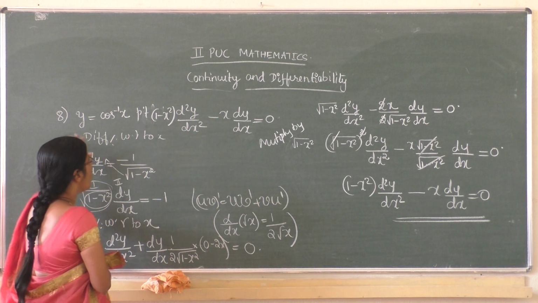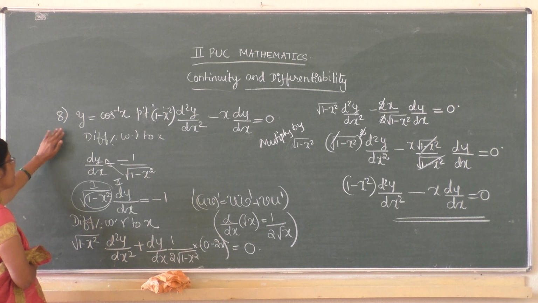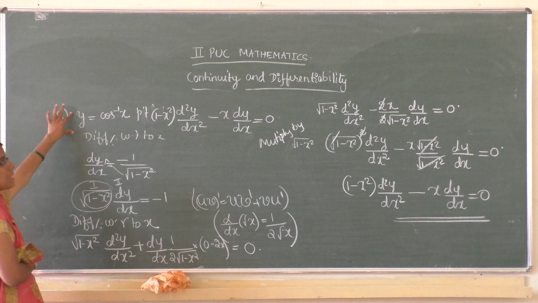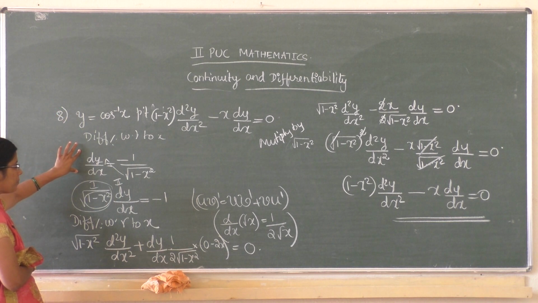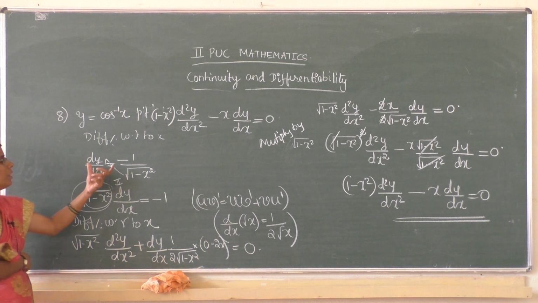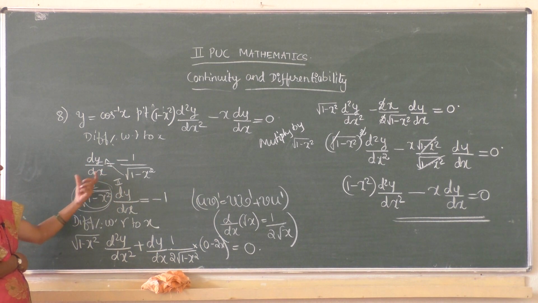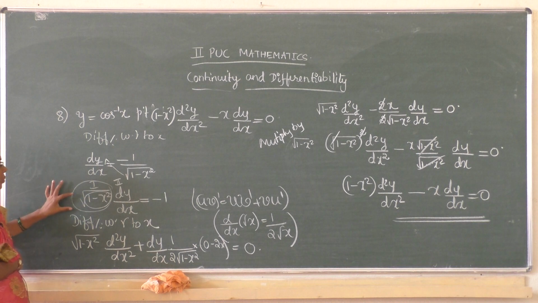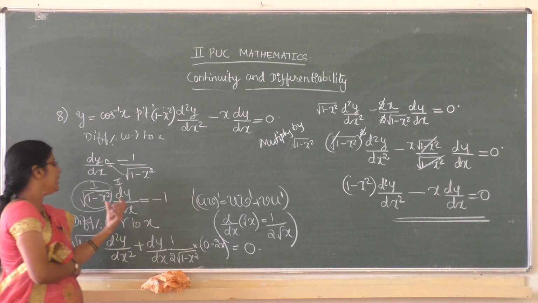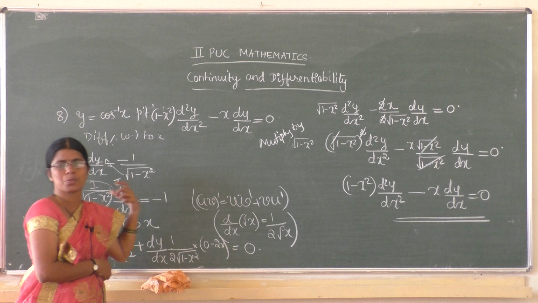So how we get this? First you have to differentiate this one with respect to x. Now we have to simplify this, that is you cross multiply, you get root of 1 minus x square into dy by dx is equal to minus 1.